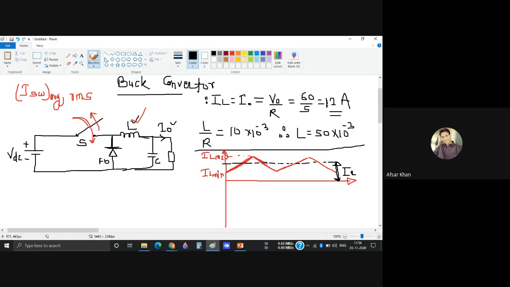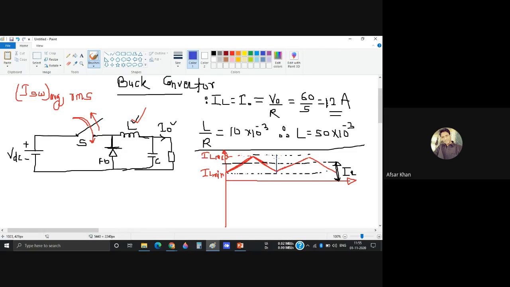So it is IL. Now there is a maximum value and a minimum value. The minimum value is not zero, it is continuous. Between this maximum and minimum, we can say oscillation, we can say ripple. So this is your ripple.